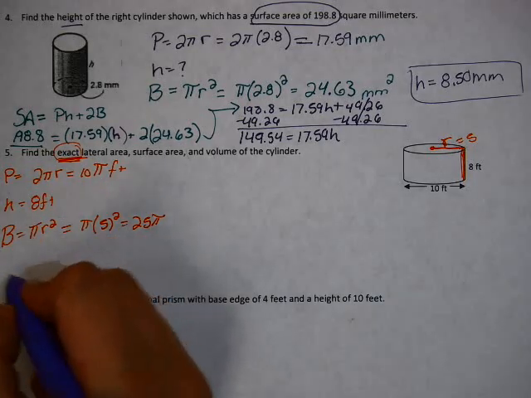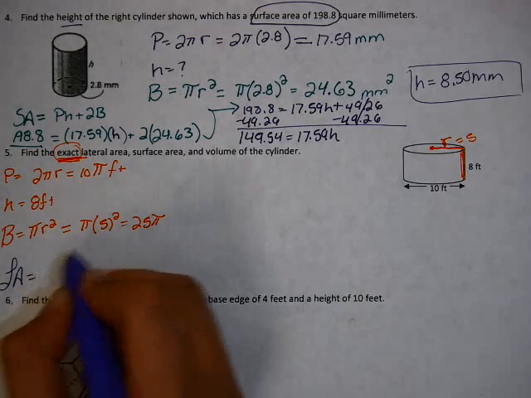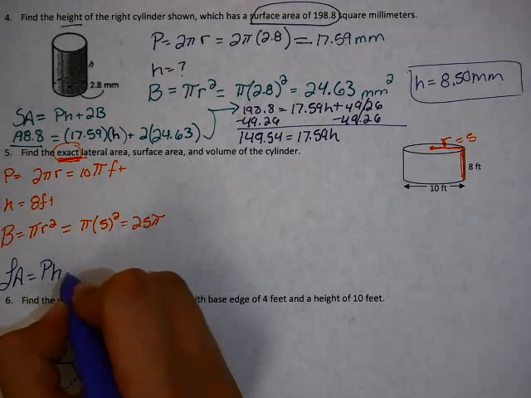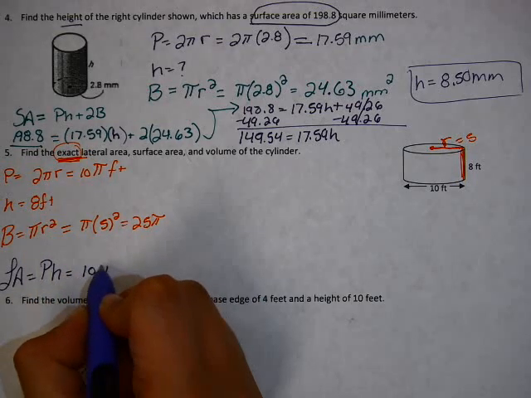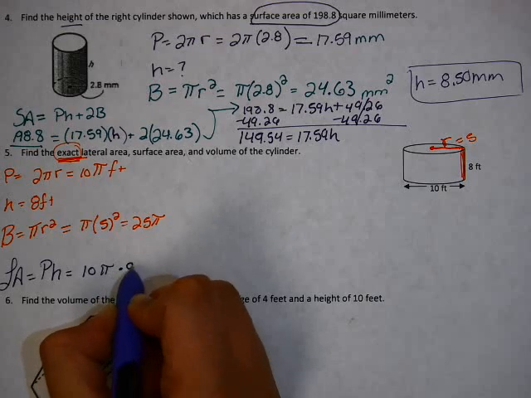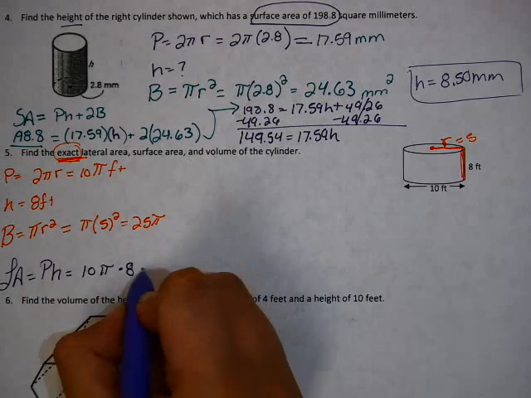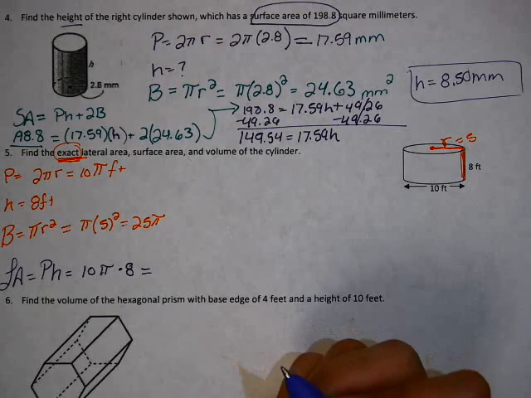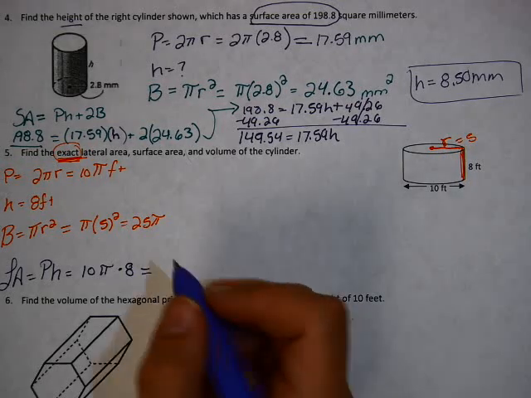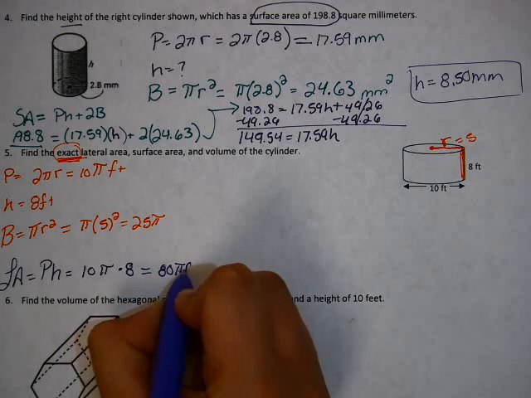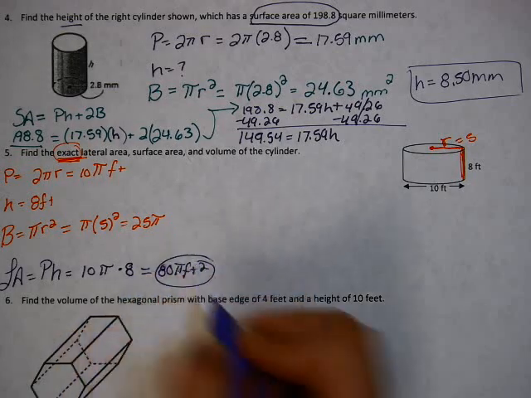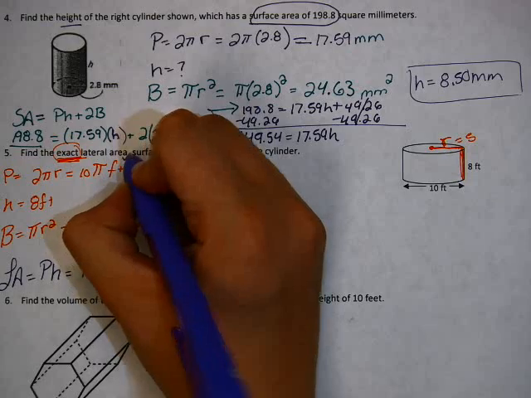So lateral area is the perimeter times the height. So we're going to take 10 pi times 8. So that just means if I want the exact value, I want my answer to be in terms of pi. So it's going to be 80 pi feet squared. Right, so there's our lateral area.